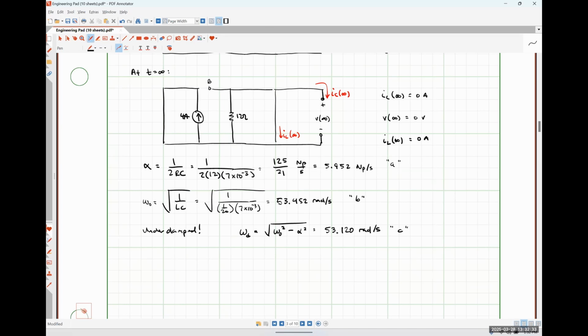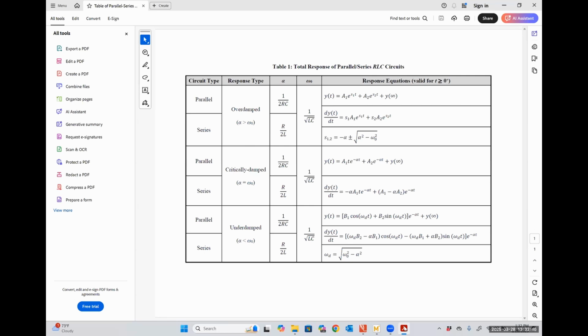Okay. I'm going to open up the table here, which I believe I just have on my PDF viewer. Okay. So we have a parallel RLC circuit.